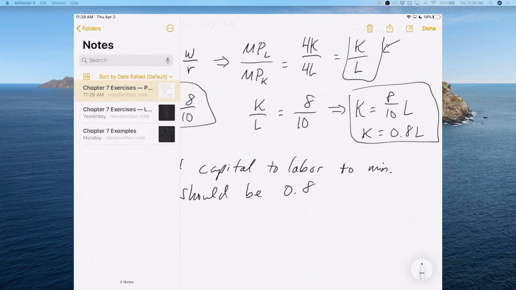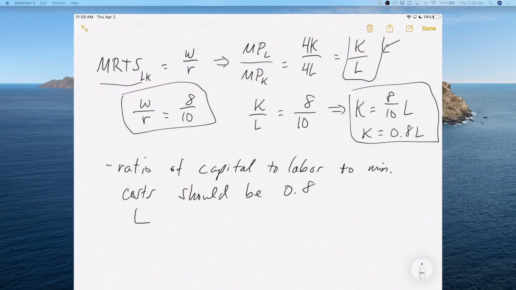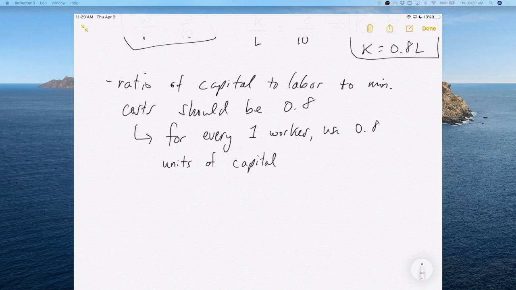Just that for every 1 unit of labor, for every 1 worker, the firm should use 0.8 units of capital. Okay, that's their cost minimizing combination of those two things. For every 1 unit of labor, they should use 0.8 units of capital.